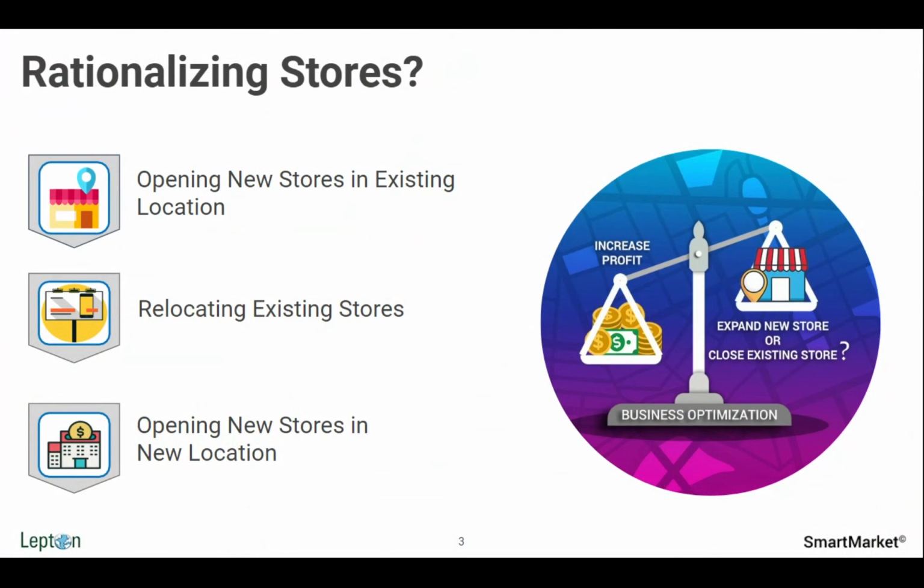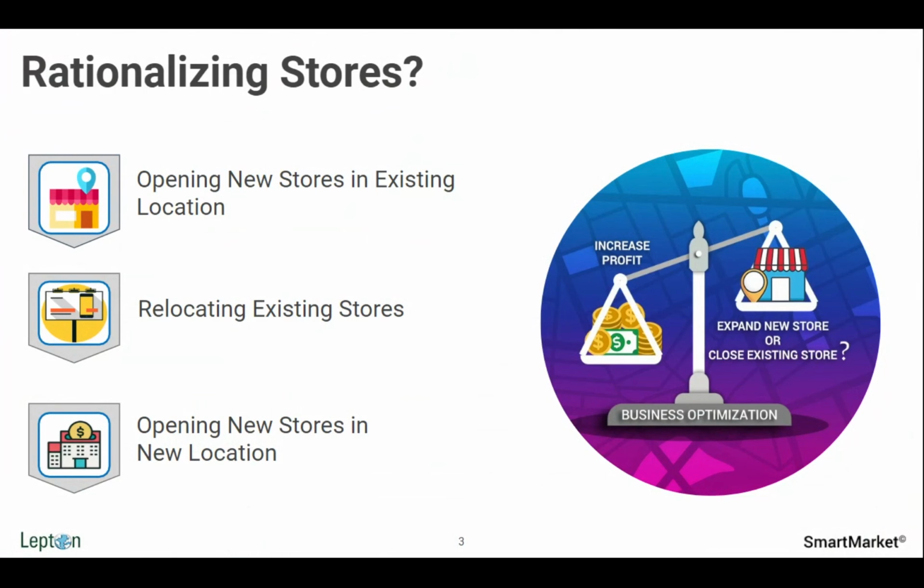So when we say rationalization of stores, there can be different cases. It could be that I have an existing store in a location and I want to open a new store in the same location, because I believe the amount of business I'm getting from the existing location is quite good, and I see there is further potential to draw more business from that locality or region. So I would go about opening a new store in an existing location.